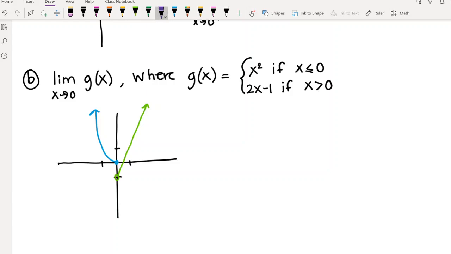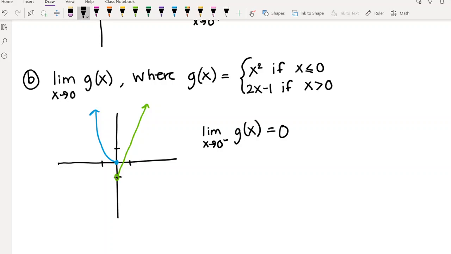So in this case, if we're taking the limit as x approaches 0 from the left, we would get 0, right? Because if you're zooming in on this point from the left, and you're seeing what your y value is getting closer and closer to, it's getting closer and closer to 0.